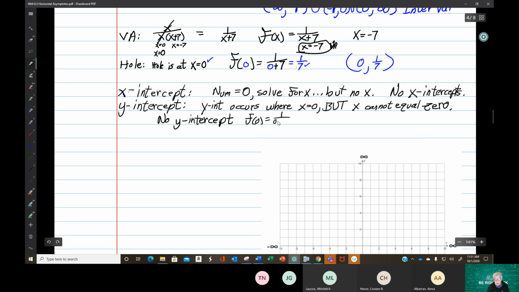If I could use 0, my y-intercept would be that, but I can't, so instead I'll have an open hole.